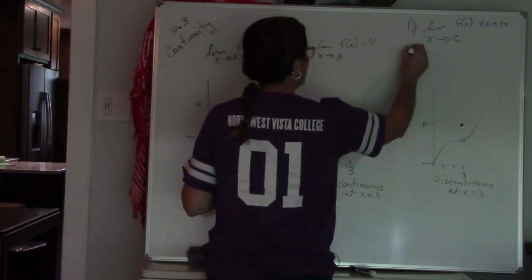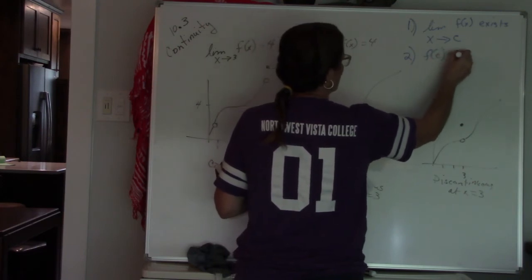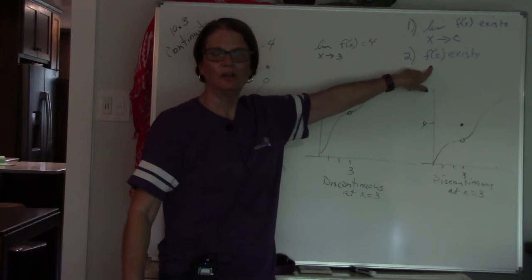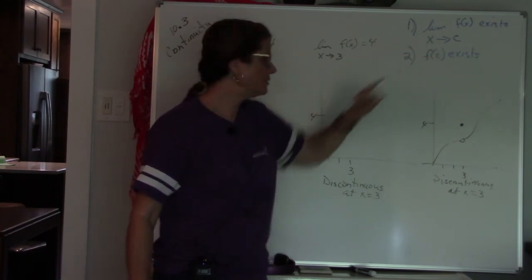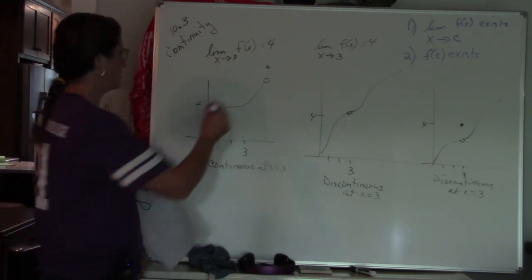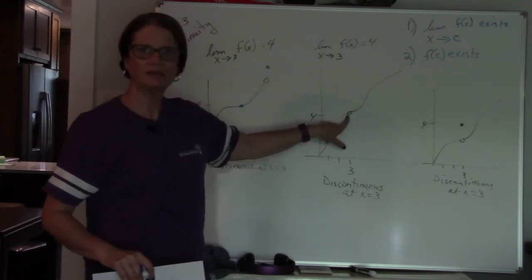The second one is f of c exists. Okay, so remember, this is our algebra question: what's happening at whatever that constant is. So here, I do have a value at 3. It's this value right here. This one, I do not.